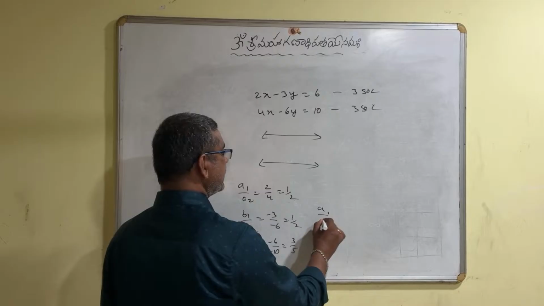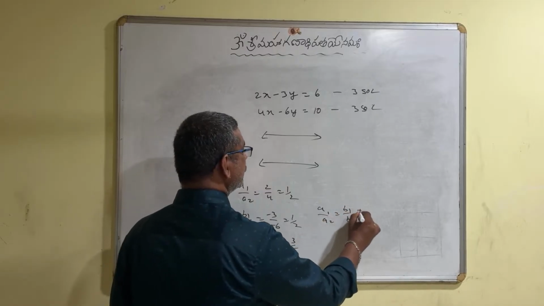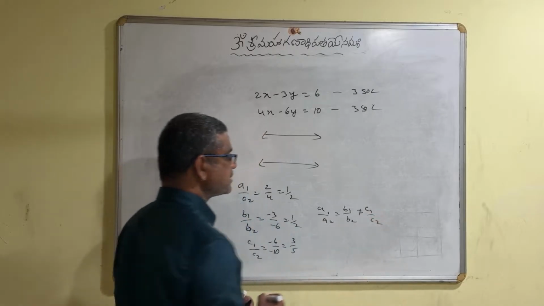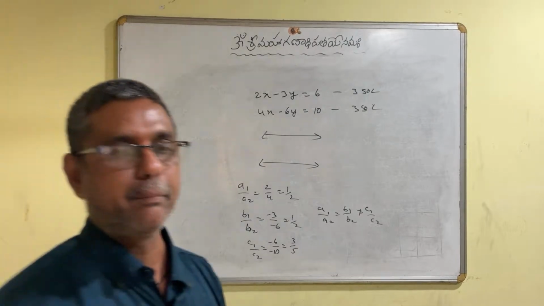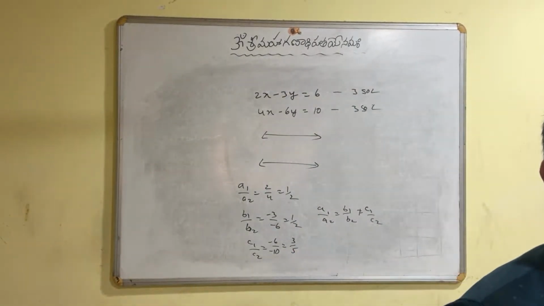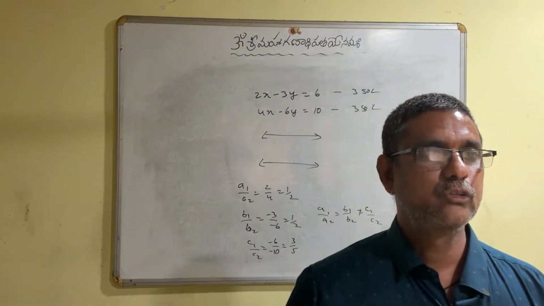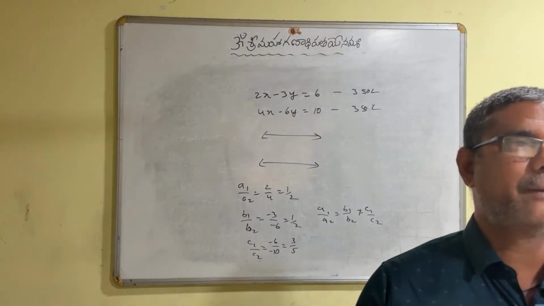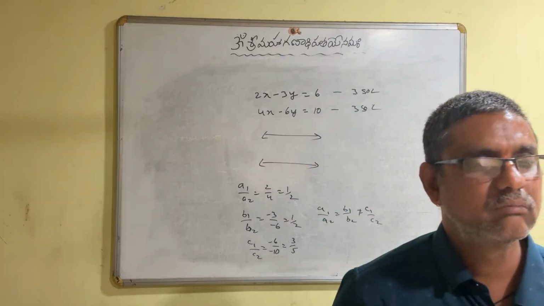So a1 by a2 is equal to b1 by b2, not equal to c1 by c2. The pair is an independent pair and inconsistent pair. So parallel lines, no common solution. So no need to draw the graph.